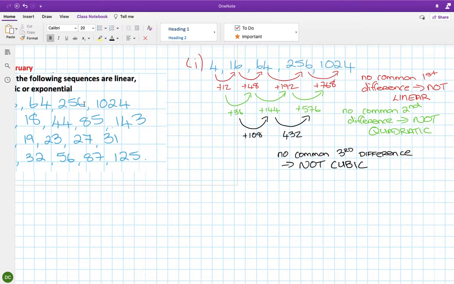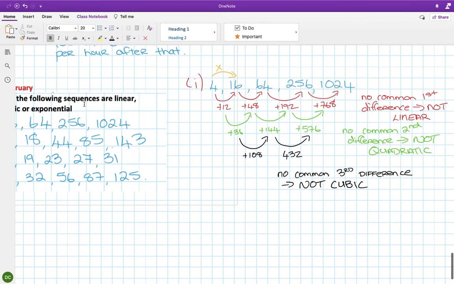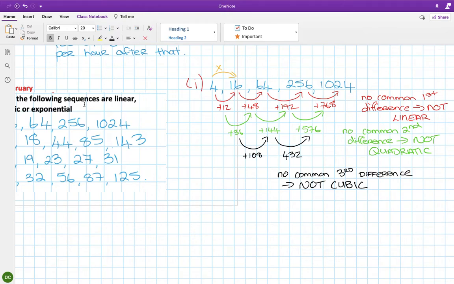So it has to be exponential, but again, you can't just say that, you have to prove it. Remember, exponential is the multiply one. So I need to go from 4 to 16, and I want to know 4 multiplied by what makes 16. The way you check that is you do a division. So 16 divided by 4 is 4. Next, we're going from 16 to 64.